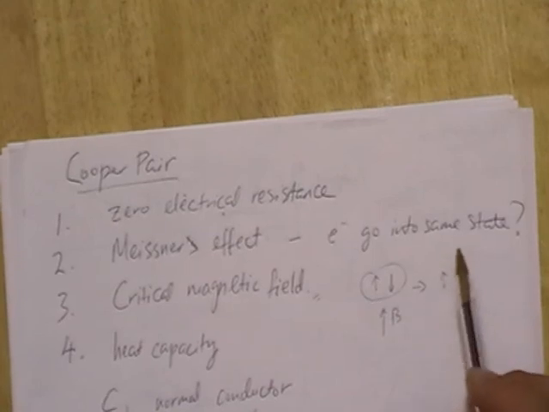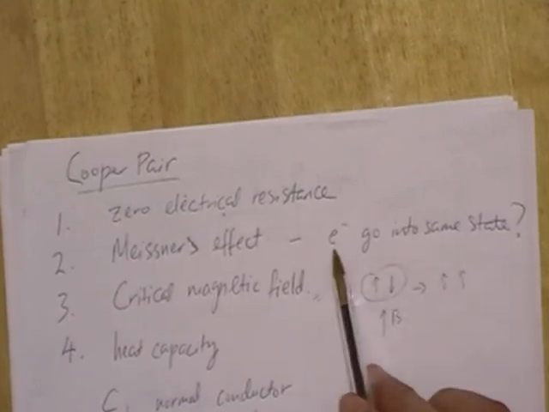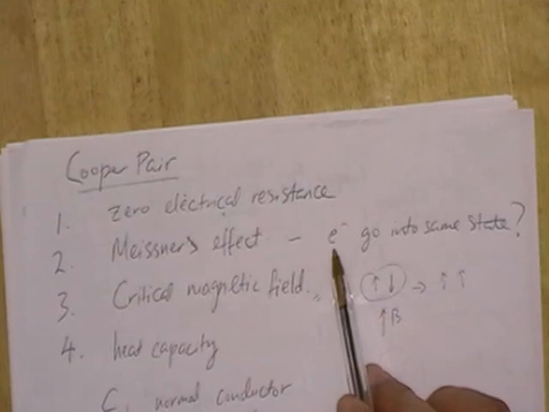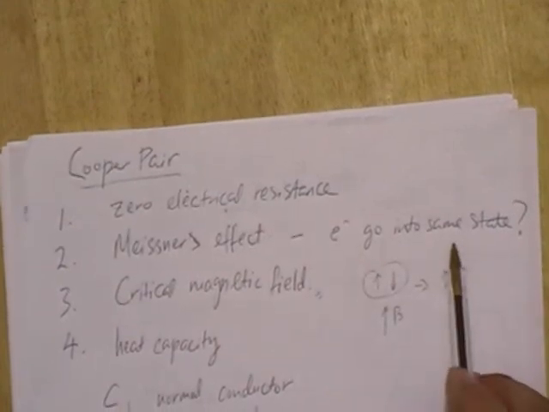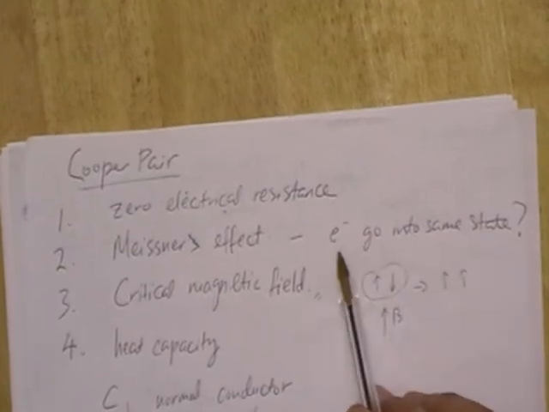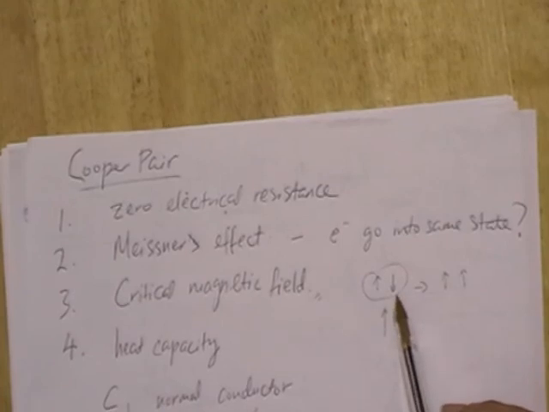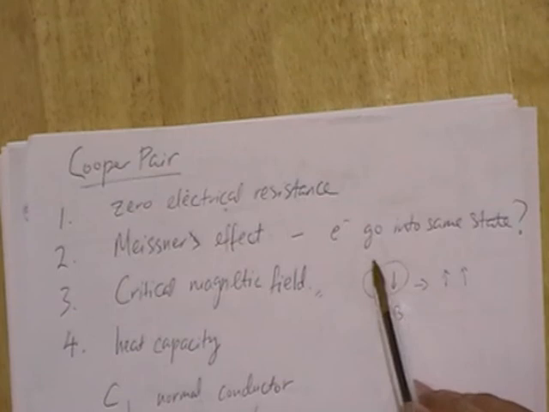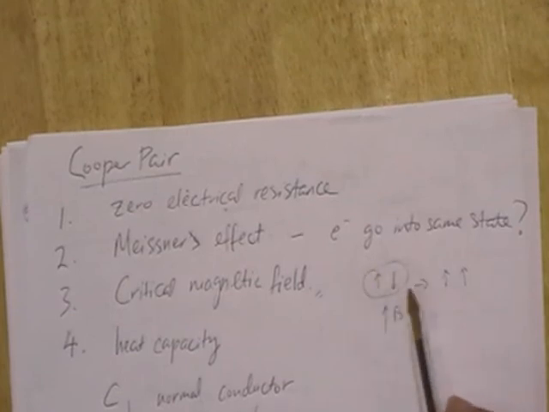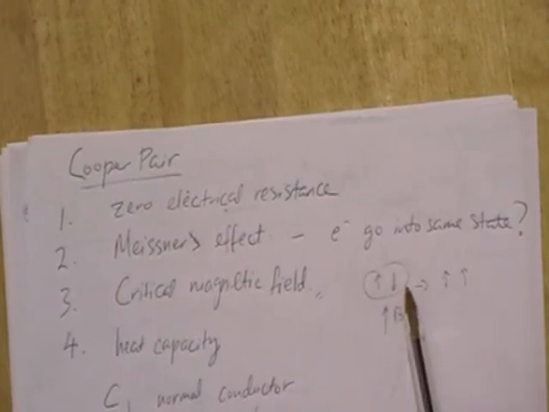Now we can answer the question as to why all of the electrons can go into the same ground state in spite of Pauli's exclusion principle. It is quite simply because the electrons first pair up into Cooper pairs, with spin up and spin down combining to form a Cooper pair.